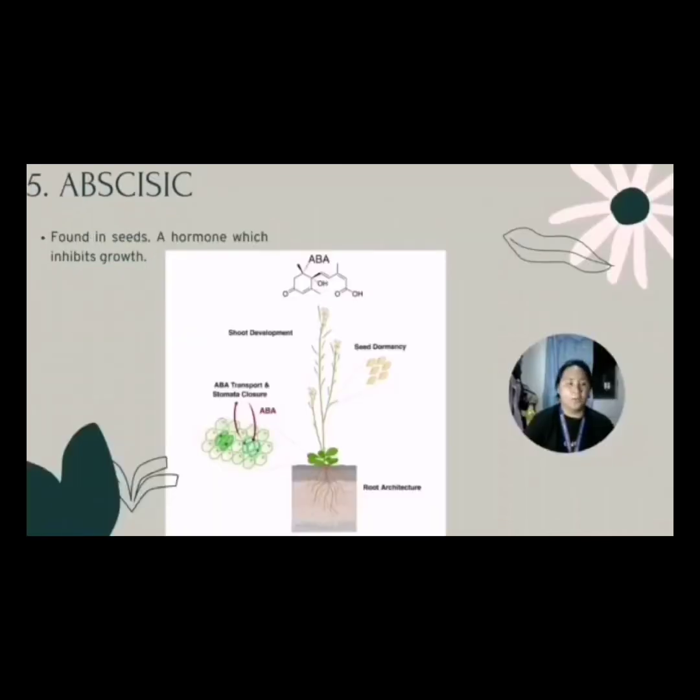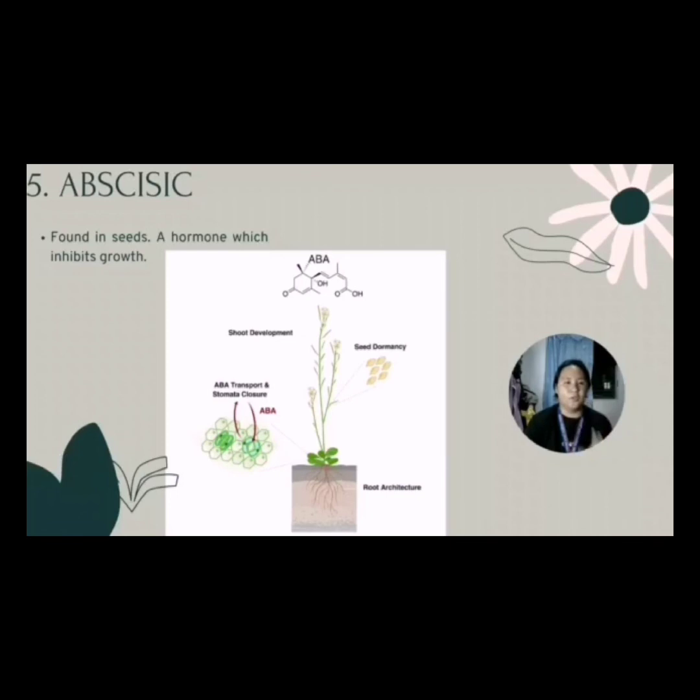Lastly, the abscisic hormone. This hormone is found in seeds, and abscisic acid is a plant hormone that regulates numerous aspects of plant growth, development, and stress responses.